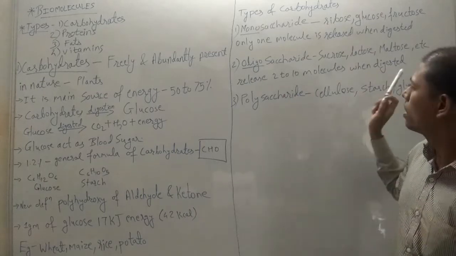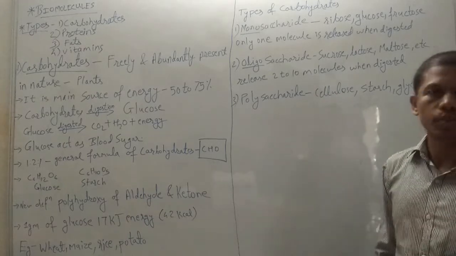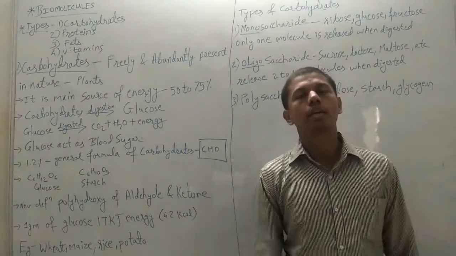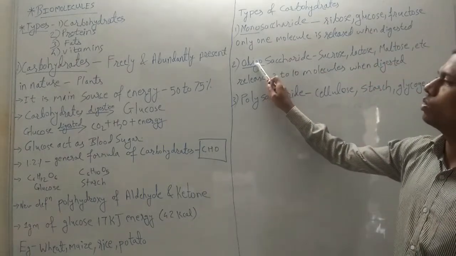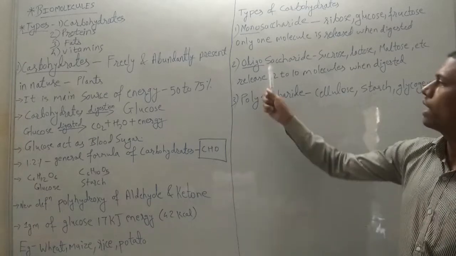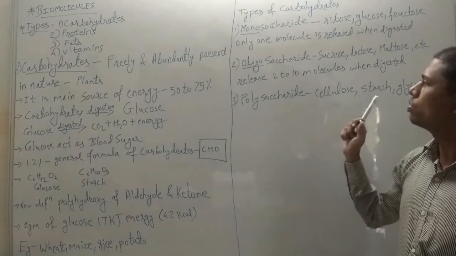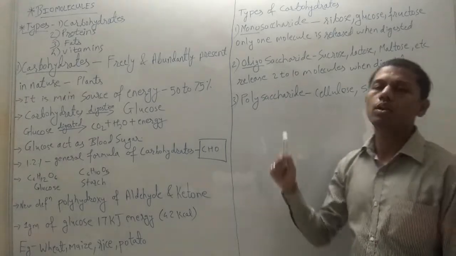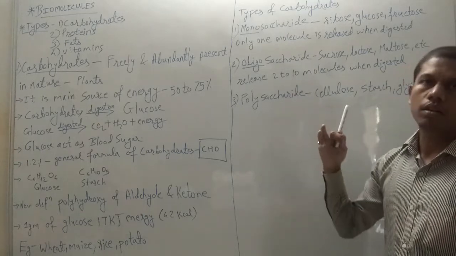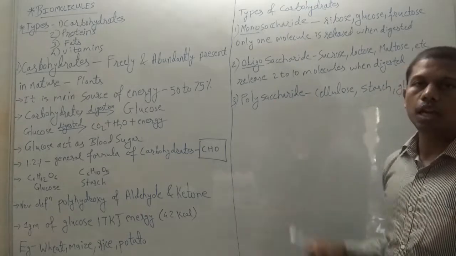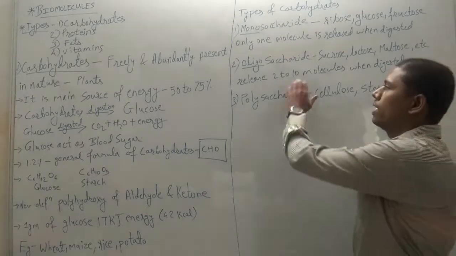If any other kind of sugar is digested, it can release 4, 6 or 8 molecules, up to 10. So it is called an oligosaccharide. It can release 2, 3, 4, 5, 6, 7, 8, 9, up to 10 molecules.